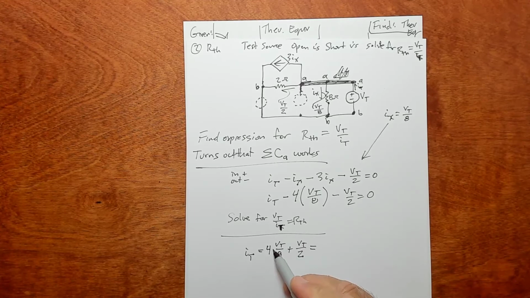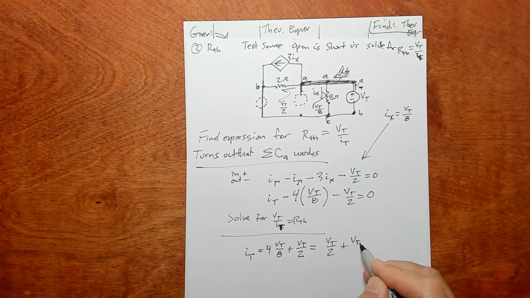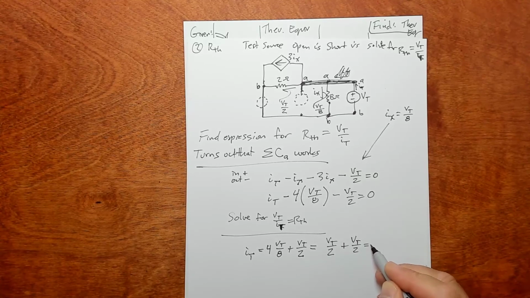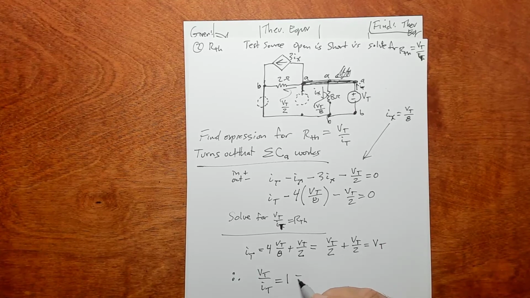And 4 over 8 is Vt over 2, plus Vt over 2 over there. That's going to give you just Vt. Therefore, Vt over It is 1, which is R sub Thevenin.